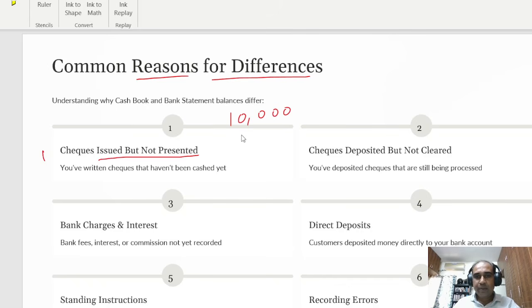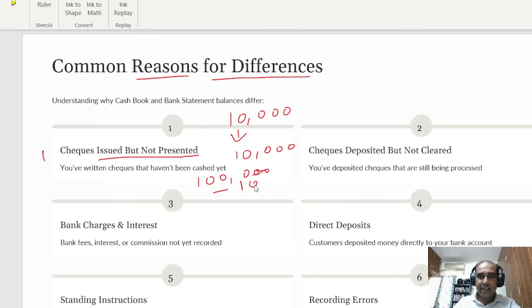When the company issues a check of 10,000 rupees, the balance in the books of the company will reduce by 10,000 rupees. Now, because of Christmas holidays and New Year holiday, the person who has received the check has not deposited the check into the bank. So what will happen? My bank balance before this transaction was 1 lakh rupees.